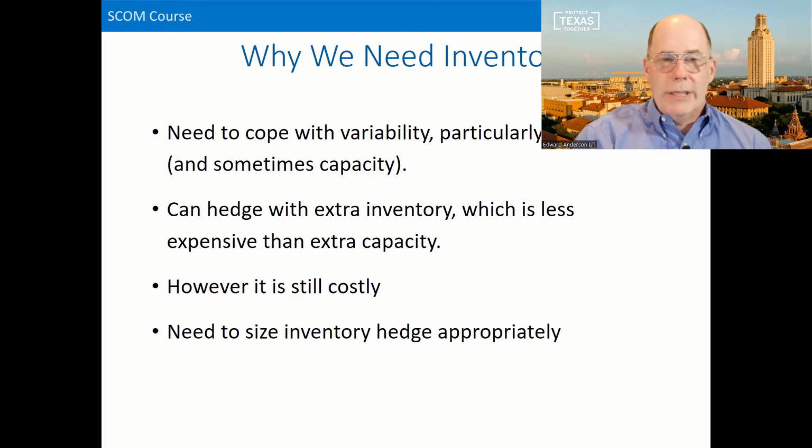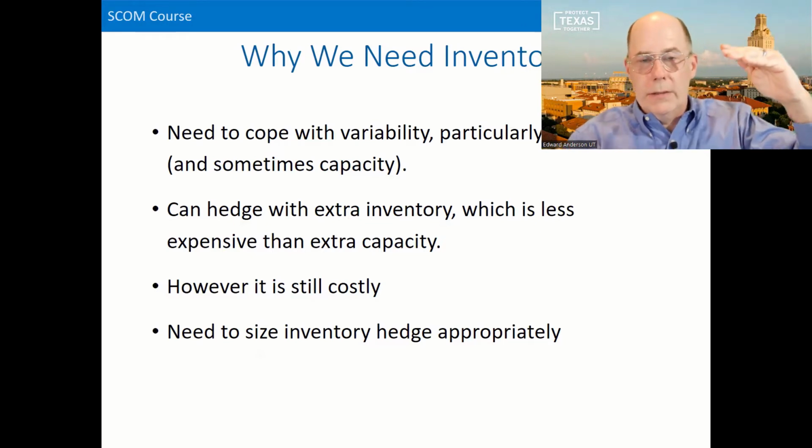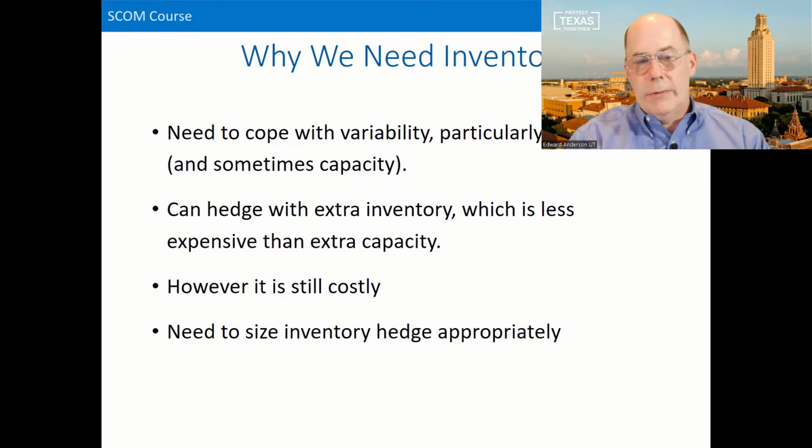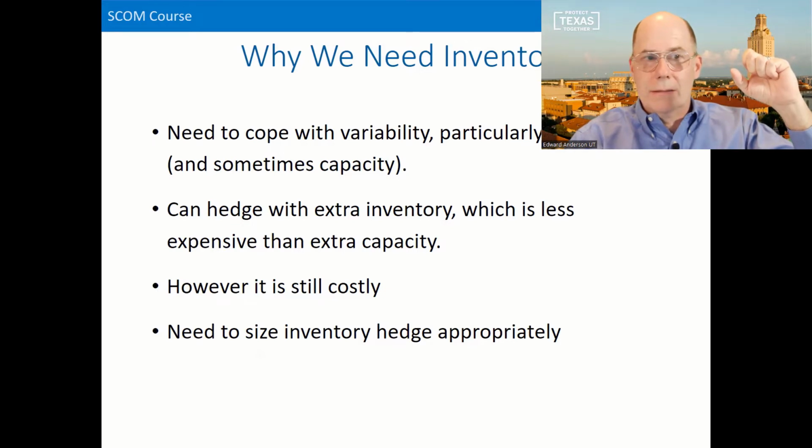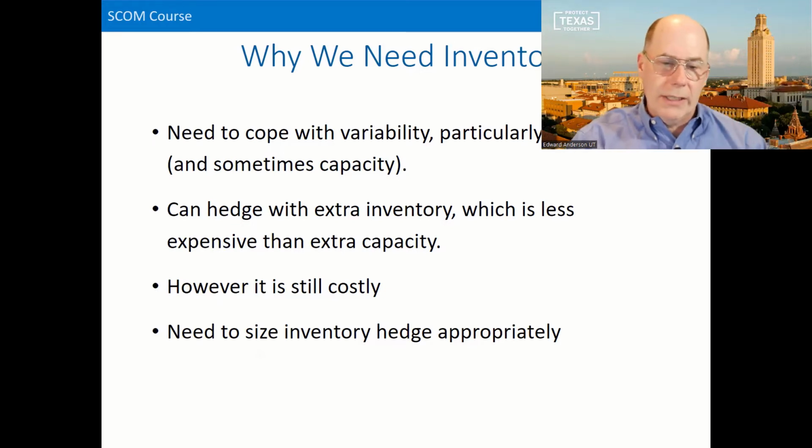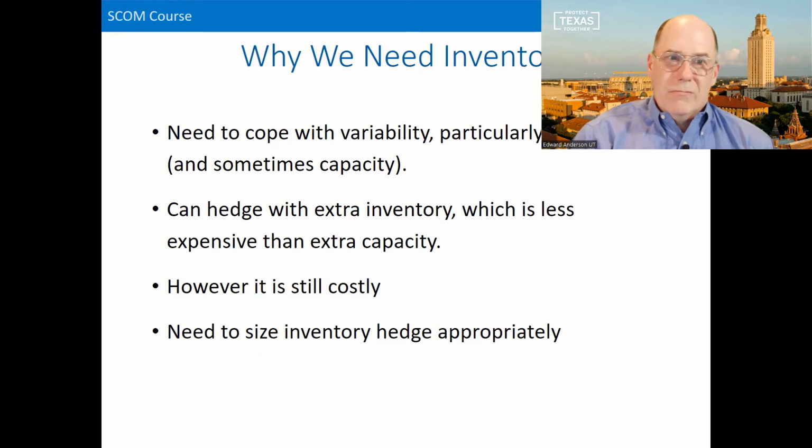Do we want it to have just enough to meet expected demand, or do we want to be able to deal with a situation by having extra inventory on hand if demand is higher than expected? And if we have that extra hedge, that's what's called a safety stock. But it costs money. Inventory in general costs money. So we really don't want more of it than we need.